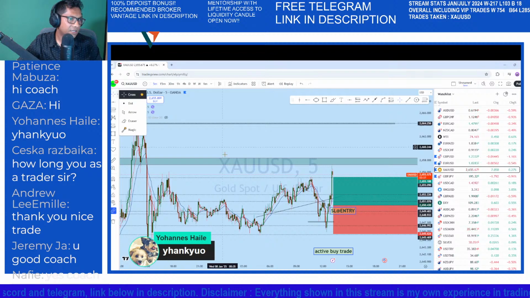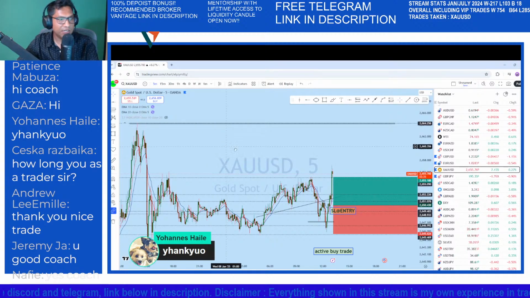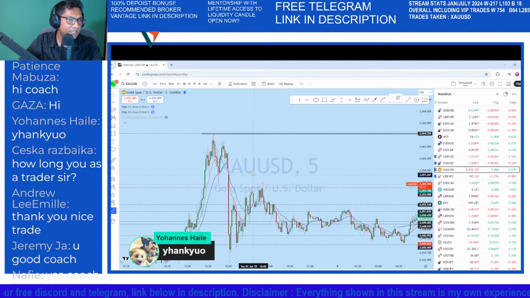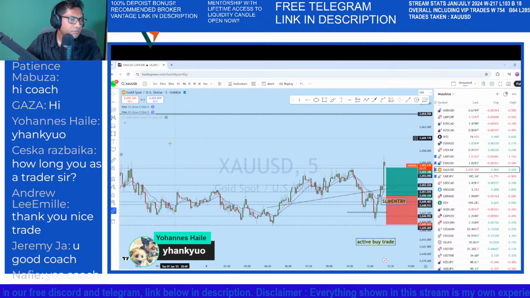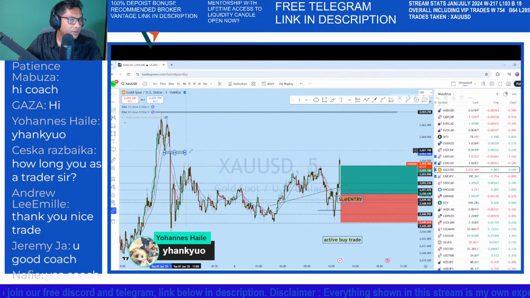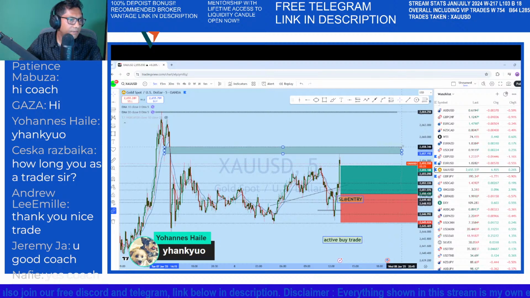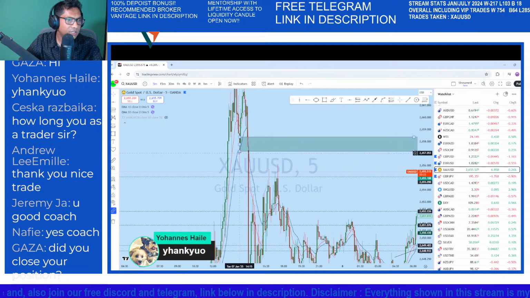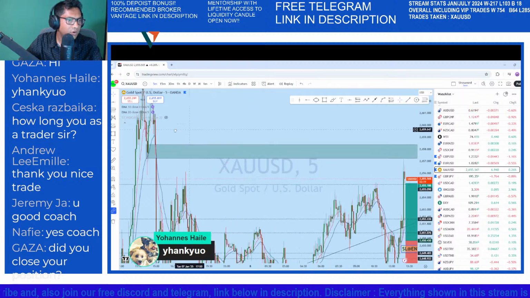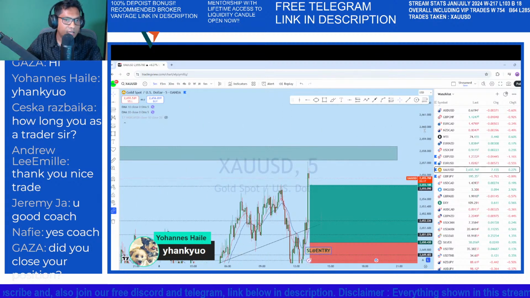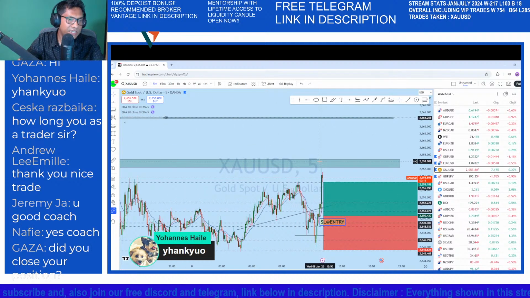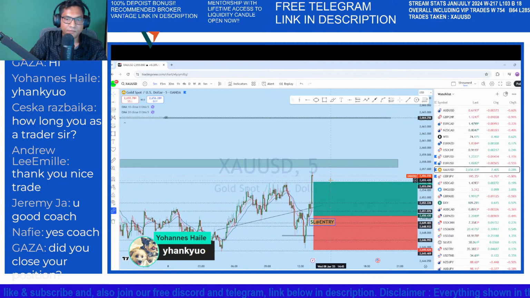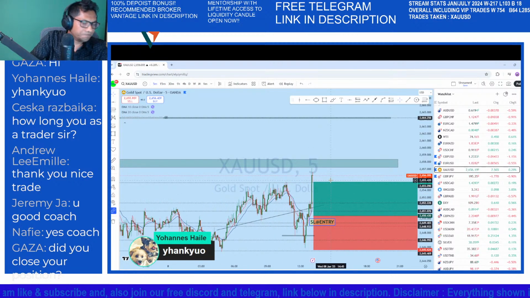We see the price at the gap, but it still didn't fill it. There is a gap open, and with that gap open, I'm expecting the market to fill that gap.